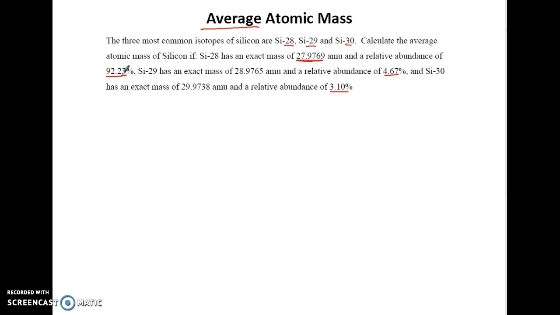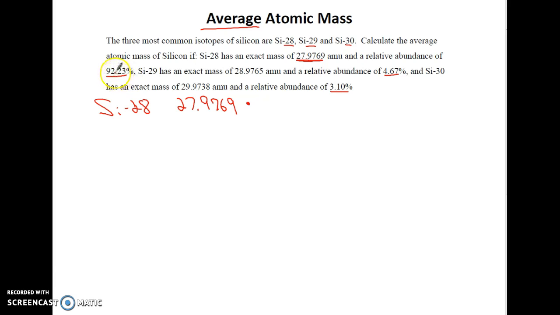So when you are doing this, one of the things you want to do is be very consistent in how you set it up. So I'm going to start off with silicon 28, the first isotope that was listed in the problem. I want to write down the mass of it, 27.9769, and I'm going to multiply it by the relative abundance, but I have to convert this into a decimal.